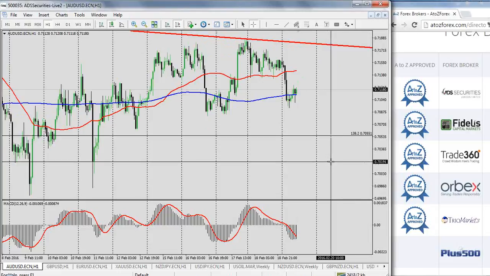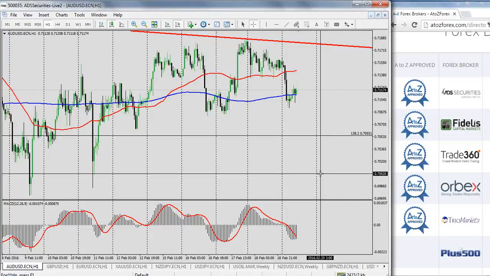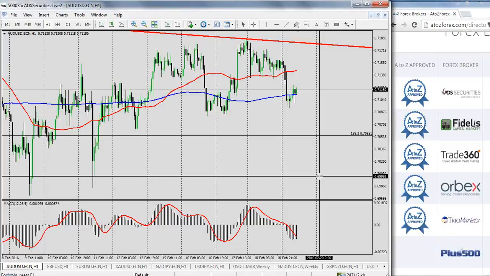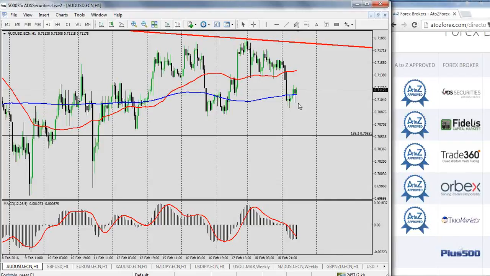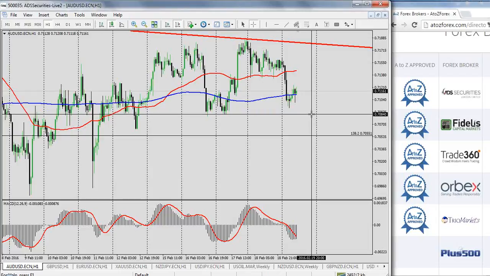So therefore, I'm expecting to see a buy opportunity once again from 0.6990 level or 0.70 level, which means that with the possible break below of the yesterday's lowest low, we can expect to see another 80 pips further downside development.